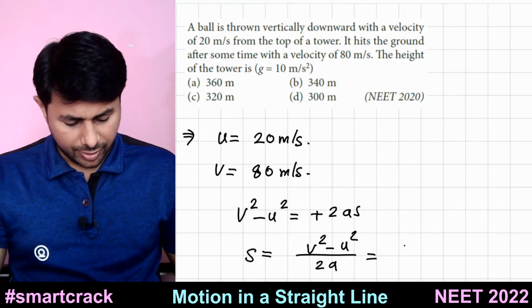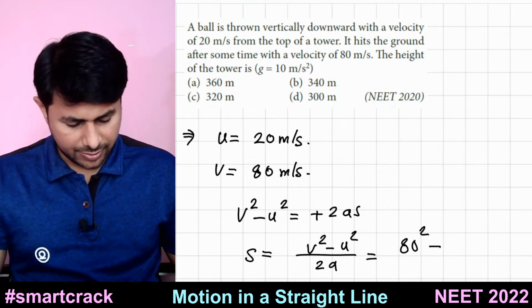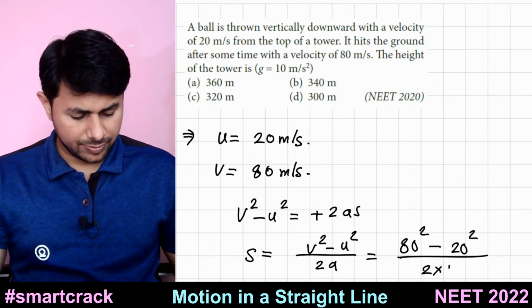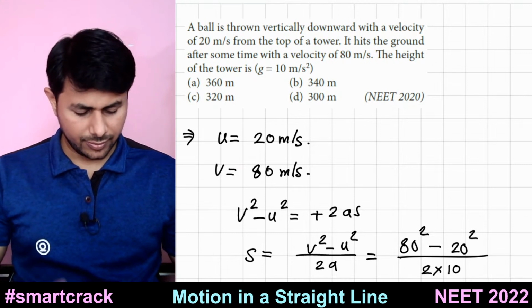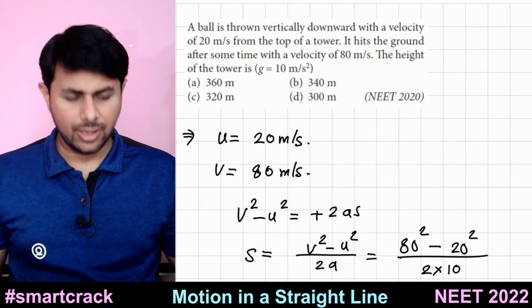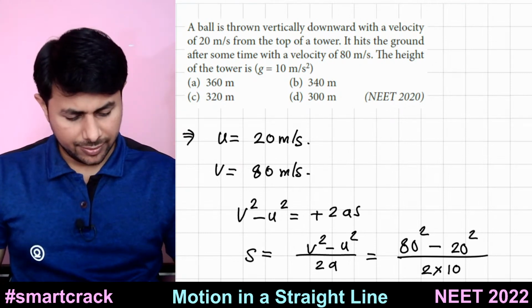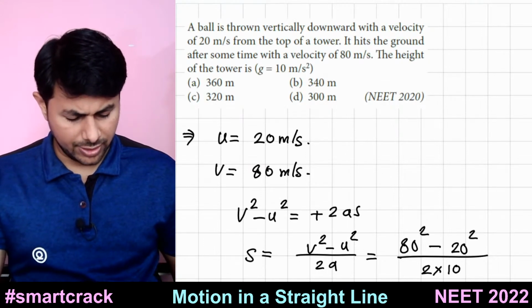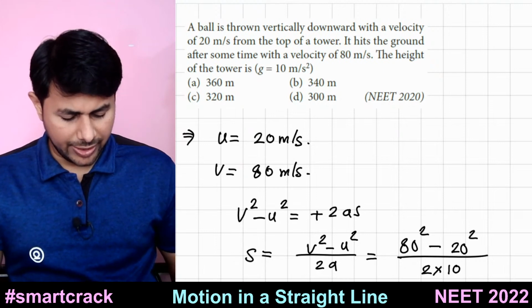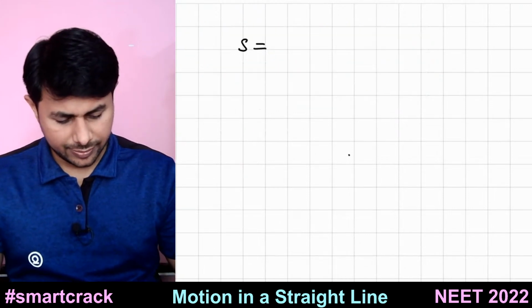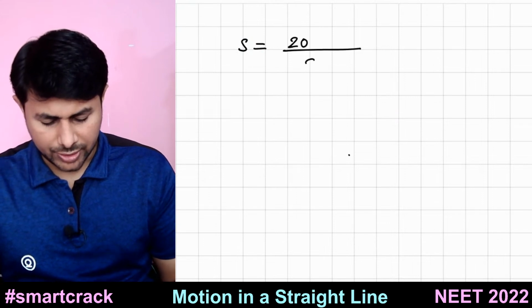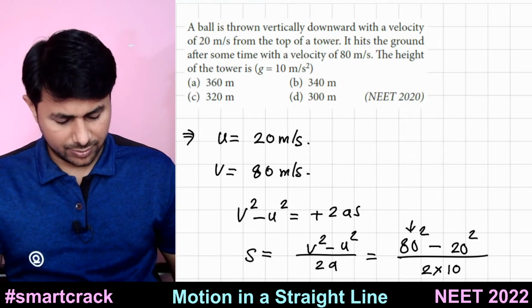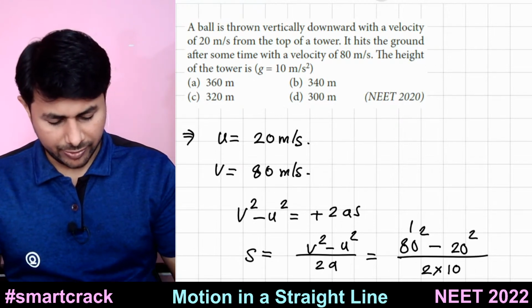So v is 80. We have 80 square minus 20 square divided by, in denominator, 2 times 10. Okay, so 2 times 10 is 20. We can take 20 common from the numerator to save on calculations. 80 is 20 times 4, so I'm left with 4 square.